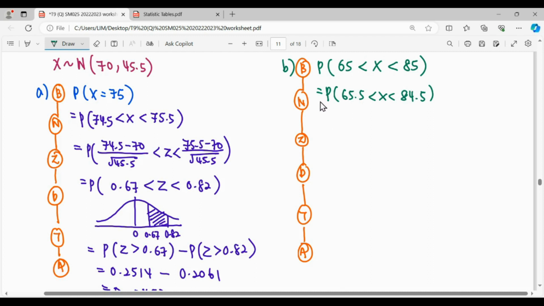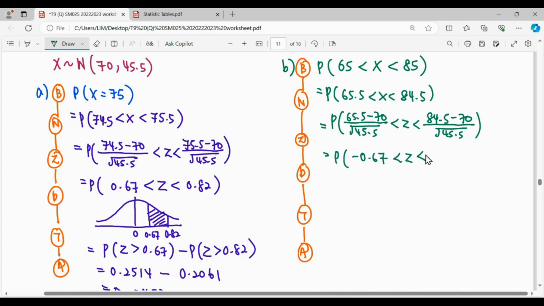After that, we change to z-score, standard normal, where this x value goes minus the mean over the standard deviation. Our z-score is only needed to 2 decimals. Then we draw this normal distribution where negative is at the left-hand side and positive at the right-hand side. So in between will be this region.